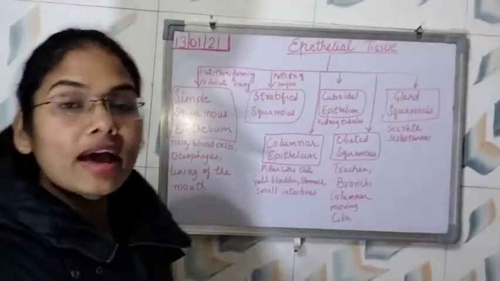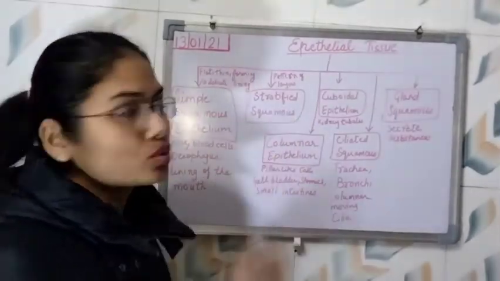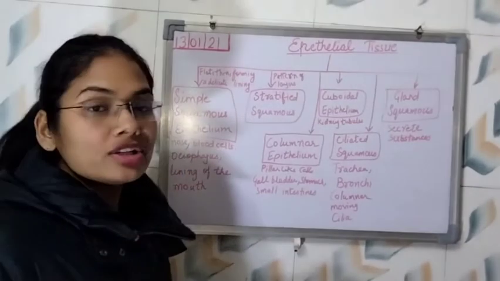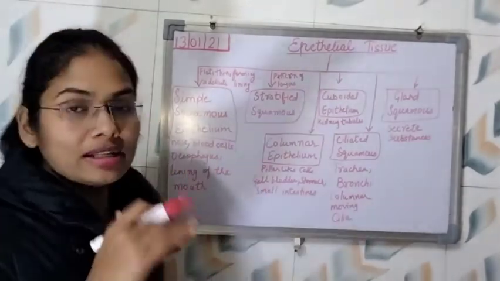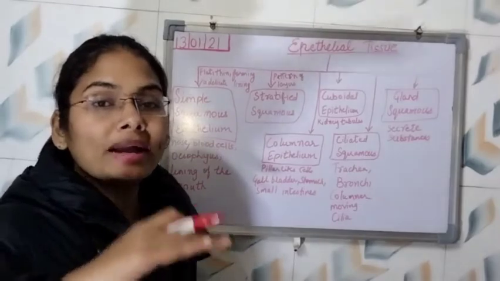The next we have is stratified squamous. Stratified squamous has cells in the pattern of layers.